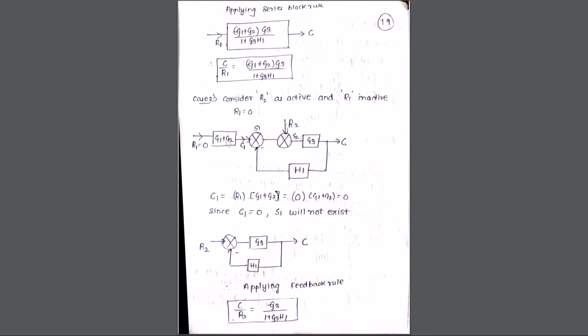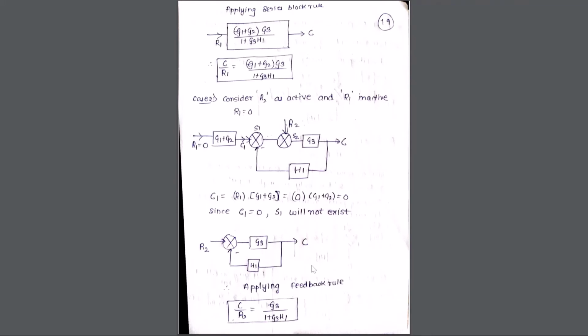And since my C1 is 0, it is like no input. My summing point S1 will have only one input. Hence, it is redundant. I can remove it off. Hence, I can reduce my diagram to something as this. A single summing point, R2. This minus will go to this summing point and it will get reduced as this. Again, it's a feedback rule. So, C upon R2 will be G3 upon 1 plus G3 into H1.